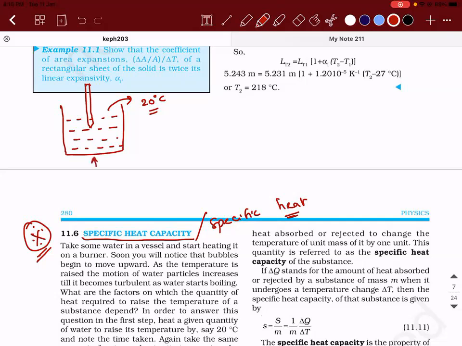You need to supply heat. Right? So you need to supply a specific amount of heat to ensure that the temperature which was initially at 20 degrees Celsius is exactly taken to 21 degrees Celsius. Correct? So for that, will you be able to calculate that amount of heat which is required?